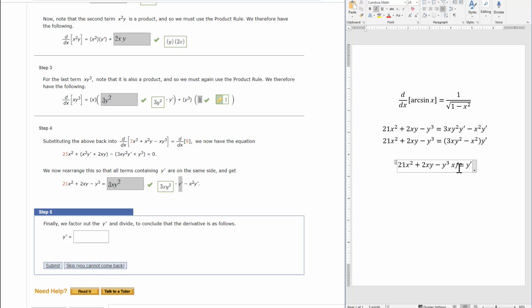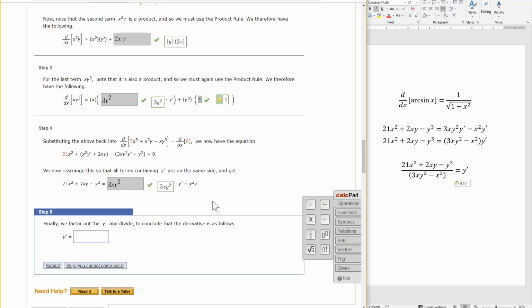I just wanted to set up a fraction. And now the bottom is this expression that was multiplied by the y prime term. And then the numerator stays the same. So we have the same numerator here, and then our denominator is this expression. Okay, so that's what y prime should equal. So let's put that down here.